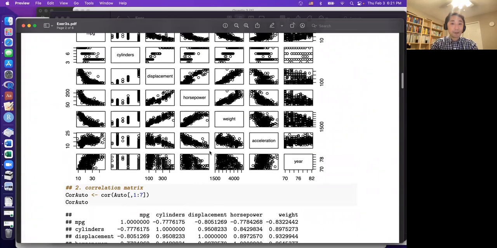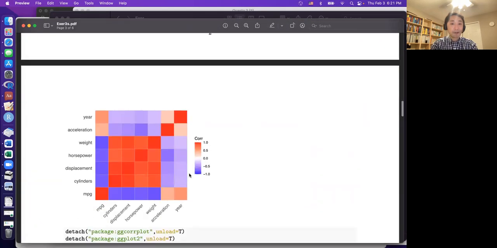This is useful, but this kind of correlation plot is also useful. You can see the correlation is higher between the number of cylinders and the displacement. That is clear. And the horsepower and the weight: heavier weight usually needs a larger engine. MPG has a negative correlation with displacement and with weight, which is natural. The diagonal term is always one.